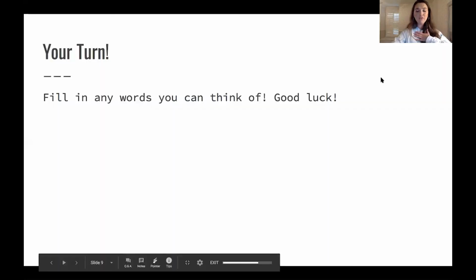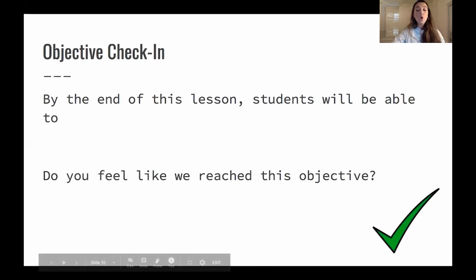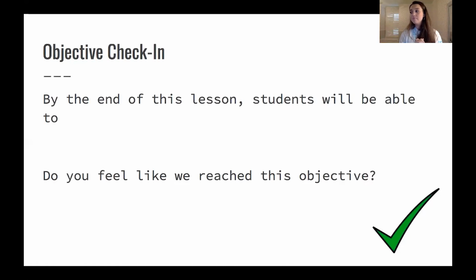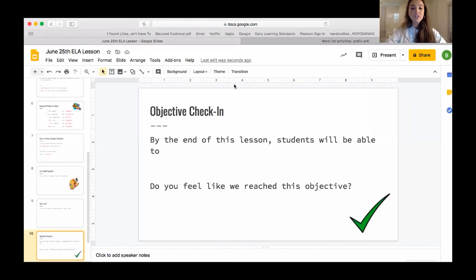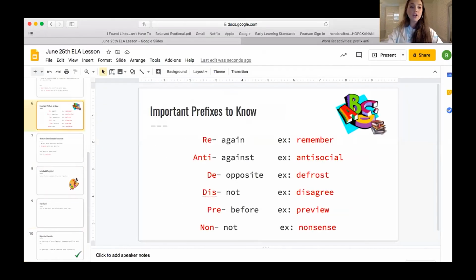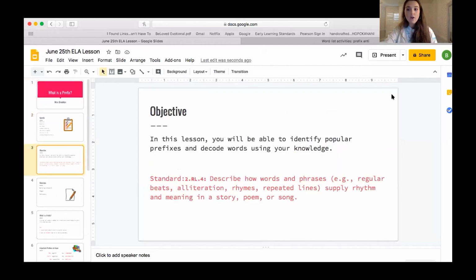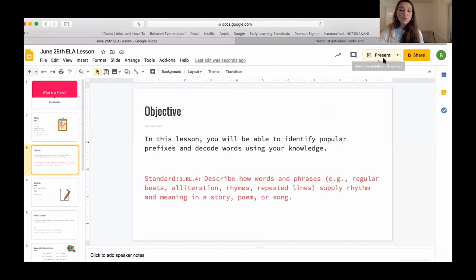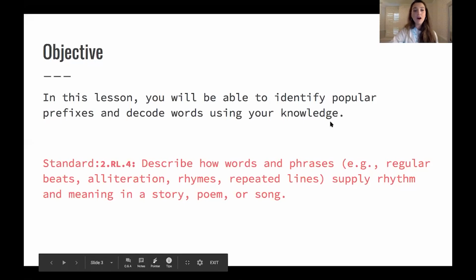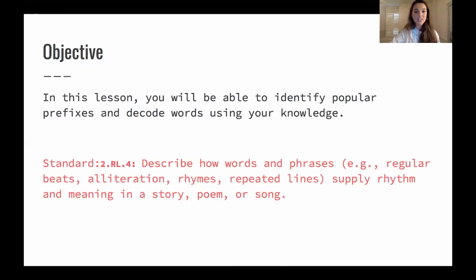I know that it's helpful for me to just make lists of those words so I can see what I know and just get the hang of these prefixes as we learn them. So the very last thing I want to go over is our objective. We said in this lesson, you will be able to identify popular prefixes and decode words using your knowledge.